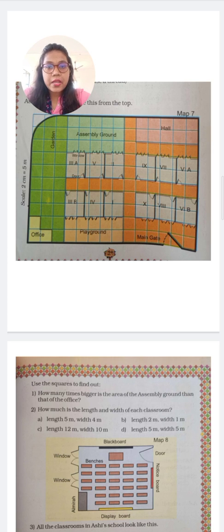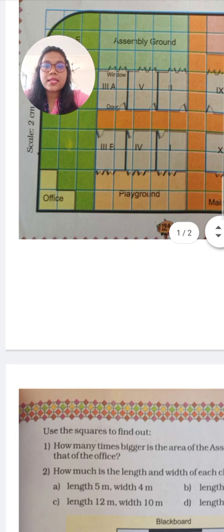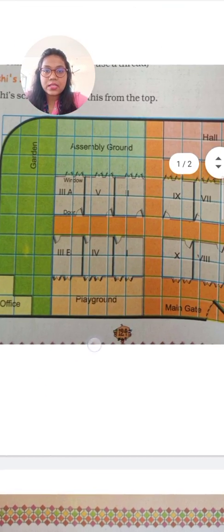The assembly ground is light green in color and the office is yellowish. First, count the number of boxes covered by the assembly ground and the office. The office covers 3 boxes.